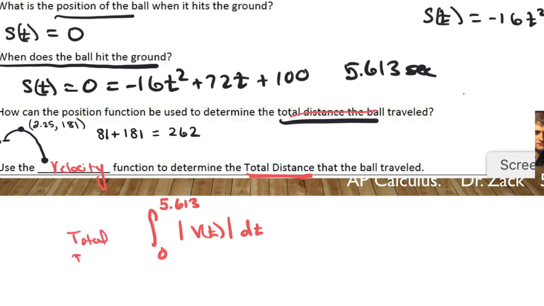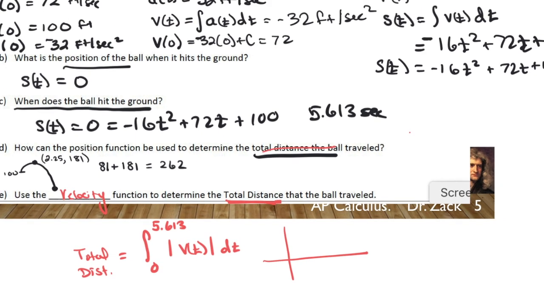This is total distance, not your position. So let's sketch a quick graph of your velocity function. As you'll recall, your velocity function was negative 32t plus 72. So it went up 72 feet and then down 32 and over 1. It hit 0 at 2.25.